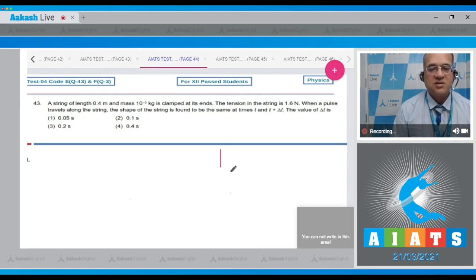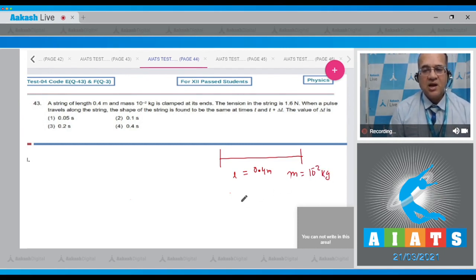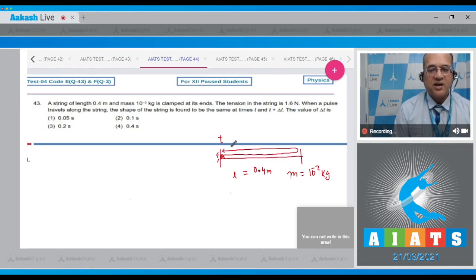Now, dear student, this is the string whose length is given to be 0.4 meter and its mass is 10 to the power minus 2 kg. Now one pulse is created here at time t. The same shape will be generated when it returns from here and reaches back here, and that is the instant t plus delta t.